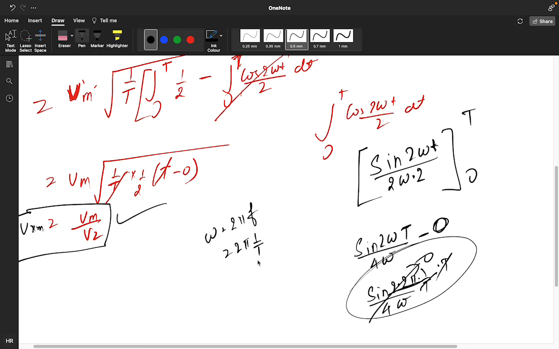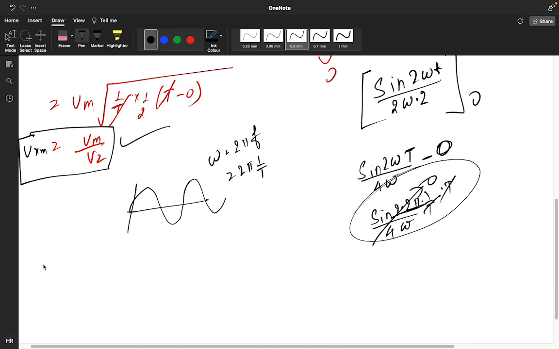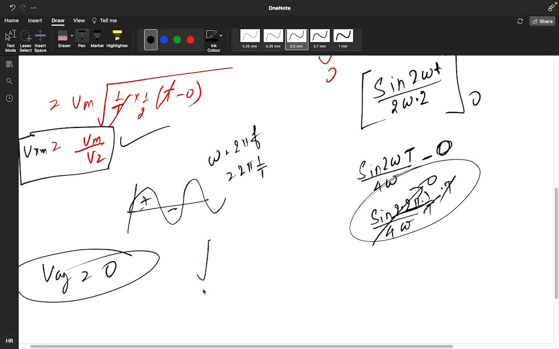And what will the average value be? The average value of a sinusoidal wave, V average, will be 0. That is directly known, positive and negative halves cancel. Apply the formula also: 1 by T, integral 0 to T, sine omega t dt.